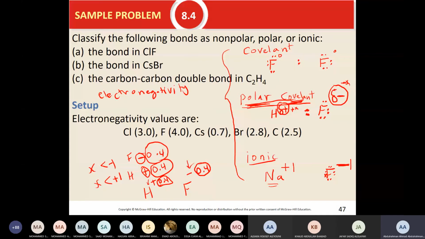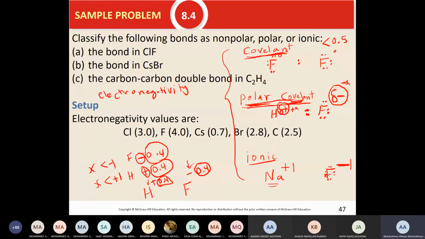What's electronegativity? The ability to attract the electron stronger than the other atom. If the difference in electronegativity is less than 0.5, then we will consider that this bond is covalent.